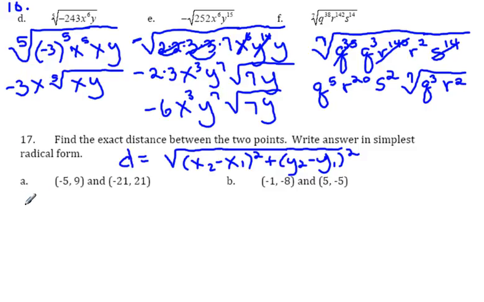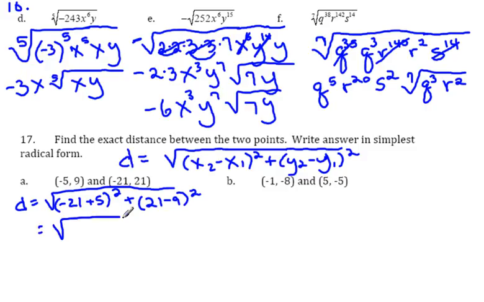So for 17a, our distance is equal to the square root of x2 minus x1. I'm going to call this x2, so it's -21 minus -5, which is +5, squared, plus 21 minus 9 squared.